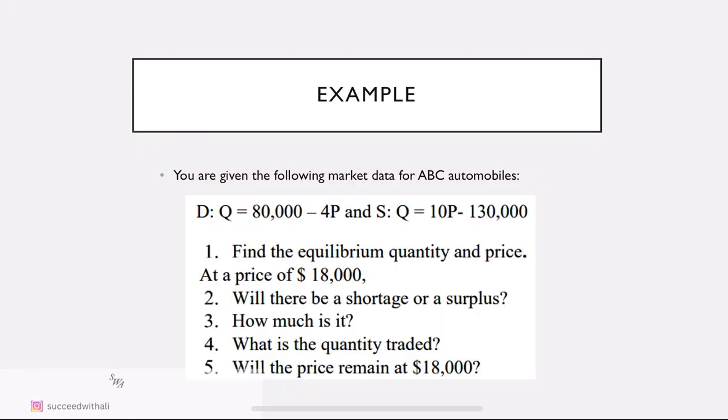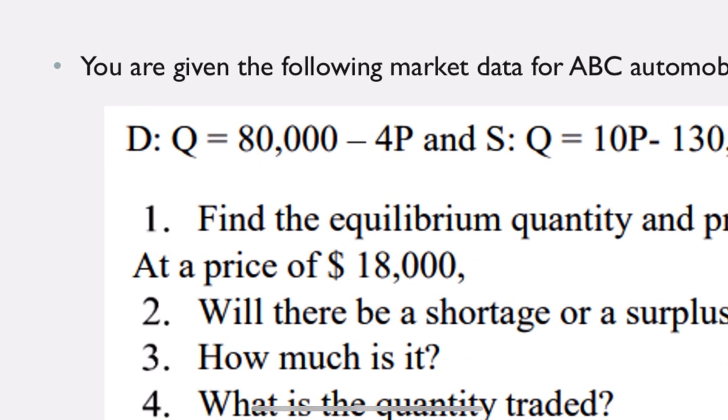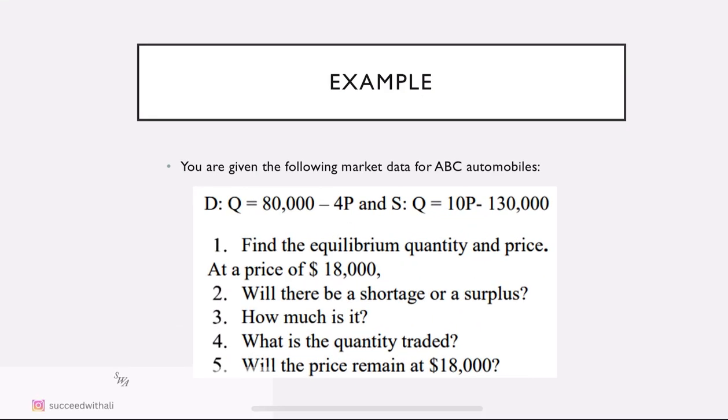All right, the second question: will there be a shortage or a surplus at 18,000? That's simple. We calculated the equilibrium price, which is $15,000. So 18,000 is more. What does that mean? It means a surplus, because $18,000 is greater than $15,000.